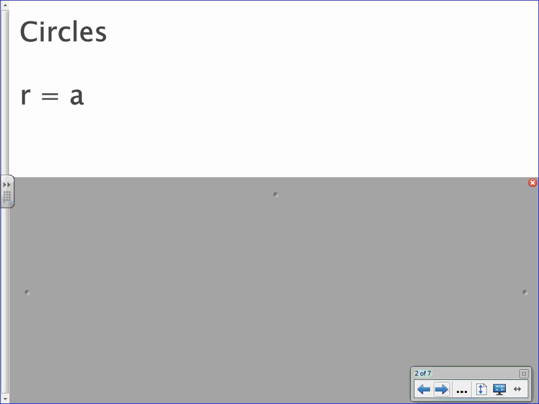circles. Okay? There are three different ways to make a circle. One way is just r equals a. What does this circle look like? Where's the center? The center's at the origin. Okay, when we're talking about polar coordinates, instead of the origin, we call it the pole.